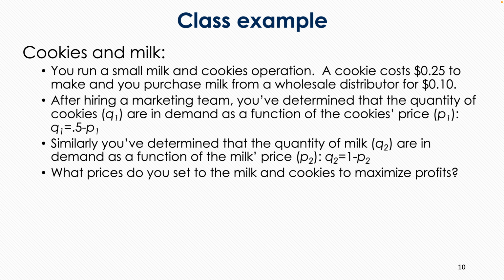Every unit of quantity that I sell, I get some money based on the price, minus the cost associated with getting that cookie or milk. So let's sketch that out real quick.